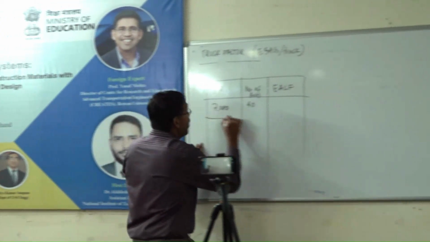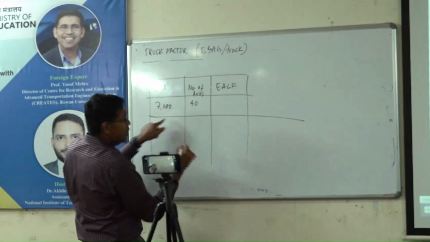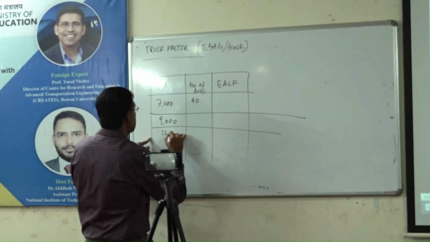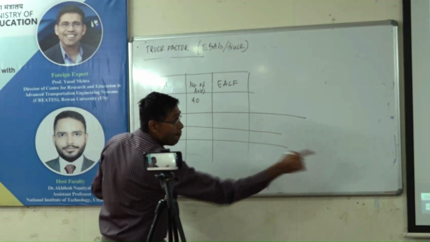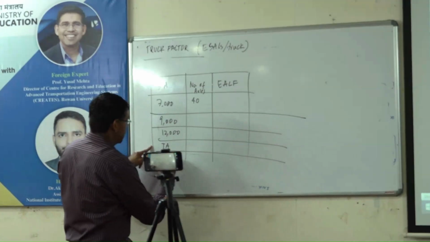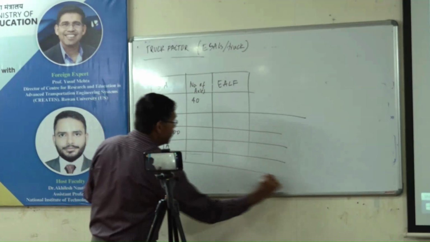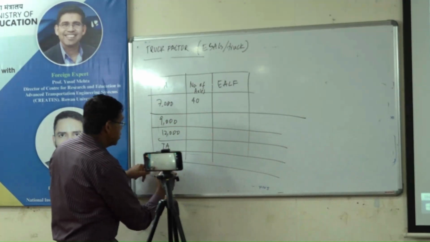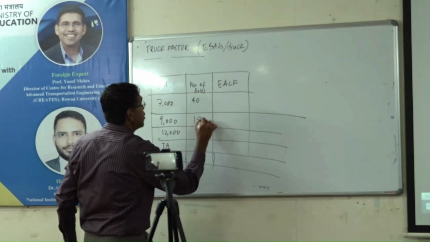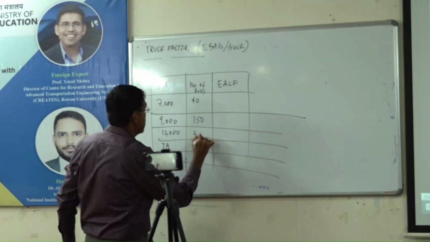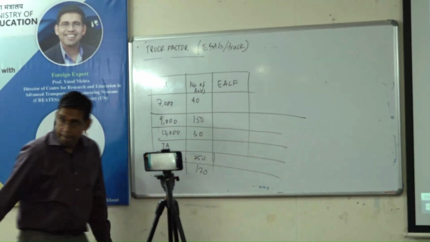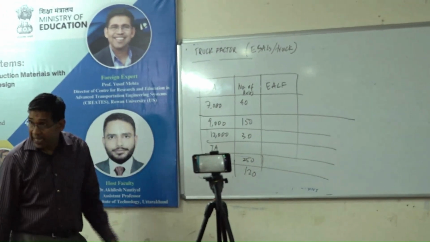Now I have 7,000 with 40, 9,000, 12,000, 30,000 tandem axles, and 32,000, with 150, 30, 250 and 120, correct? None of them are 18-kip single axle.